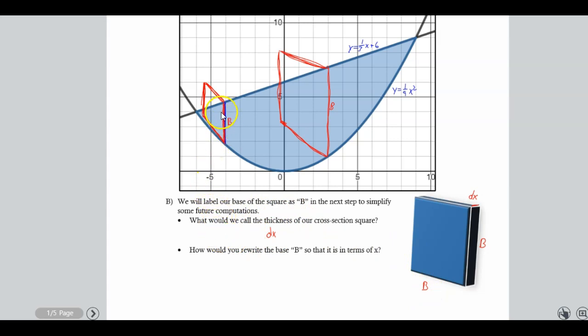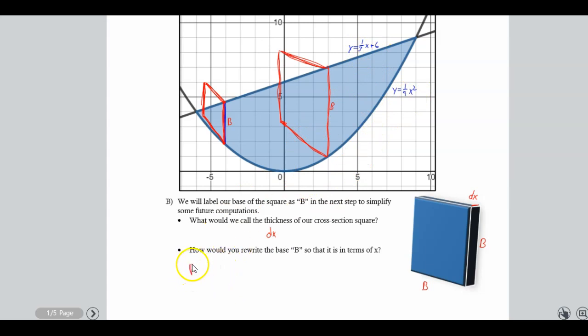So what I can do is basically just look at the length of that b, right? It's this y on top minus this y on bottom. So I'm just taking whatever this y value is on top, subtracting the y on the bottom. So in our case, it's that 1/3 x plus 6 minus the 1/9 x squared.